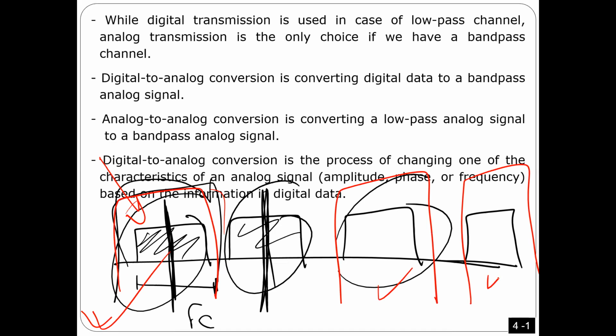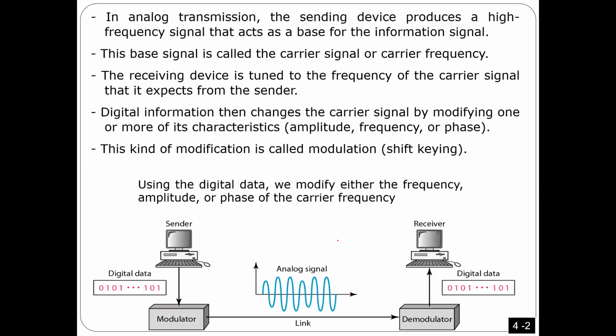Is that okay? That's actually what happens when you use the radio and change the station: you're changing the capacitor or some component of the filter. By doing that, you move the filter from here to here. The filter is only going to pass certain frequencies and block the other frequencies. Any questions?